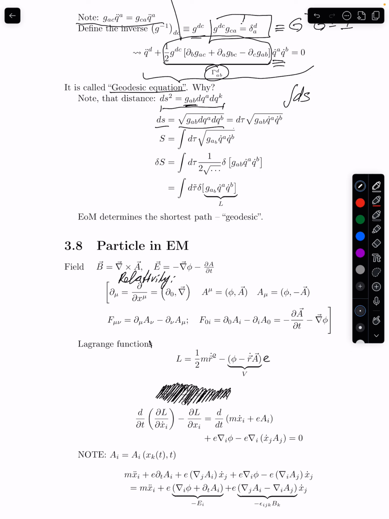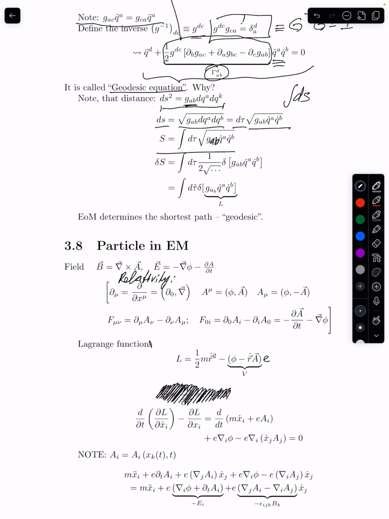I can also pull out the factor of time from this equation, and then I will get the velocities over here, q_a dot, q_b dot. Therefore the length of this curve will be given by this combination, with g_ab.